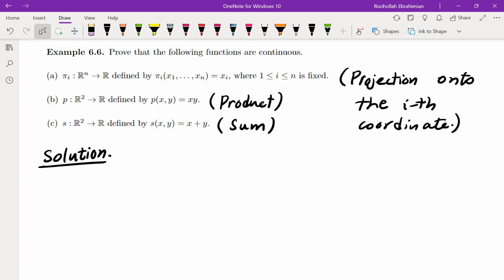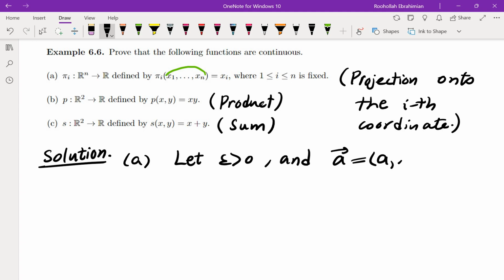So how do we show they are continuous? We will just use the definition again. So let epsilon be positive. The objective is, I want to show if x1 through xn are close to a point, and also let's start from a equals a1 through an inside Rn, I want to show if x is close to a, then xi is close to ai.